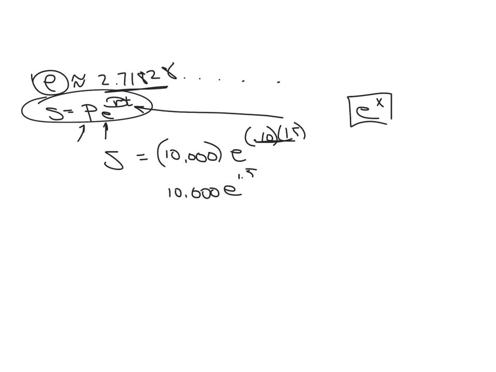What you're going to do is take 10,000 times e to the 1.5. And the way you take e to the 1.5 is you plug in 1.5, then you hit the e to the x button. So you put your exponent in first, then you hit the e to the x button.